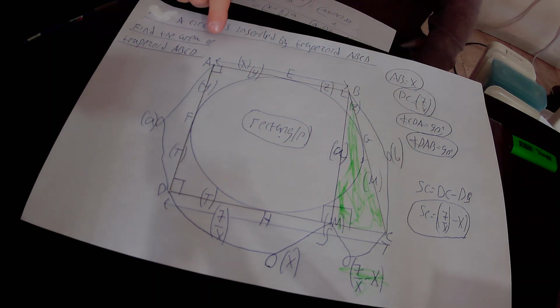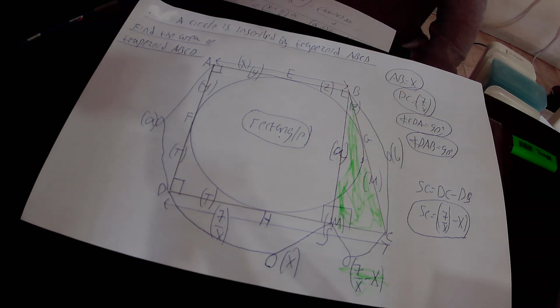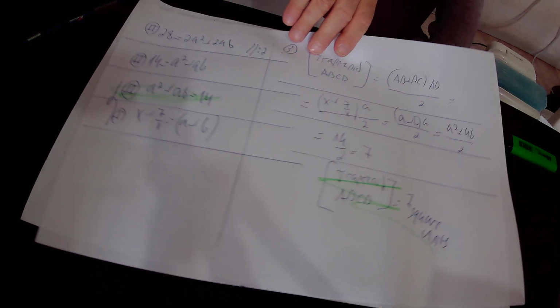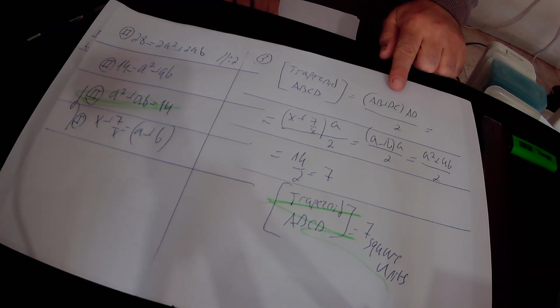Therefore the two bases are AB and DC, and the sum of the two bases is AB plus DC.